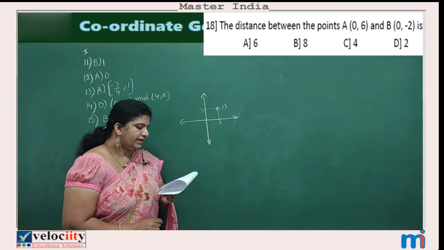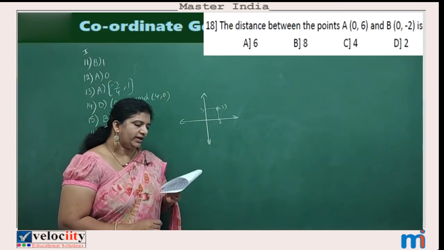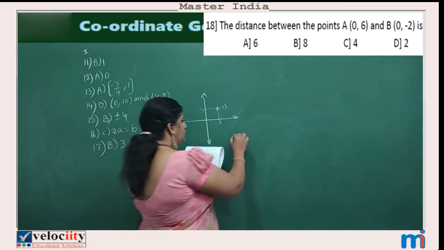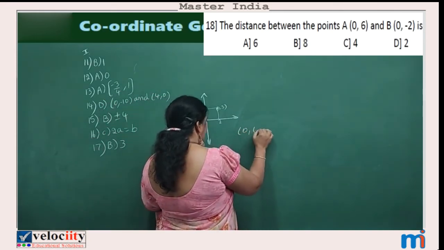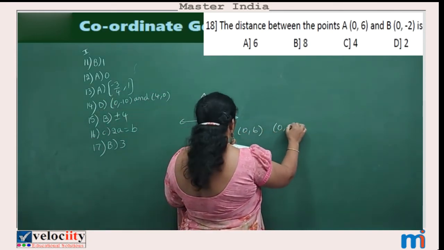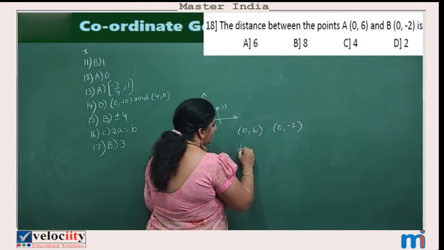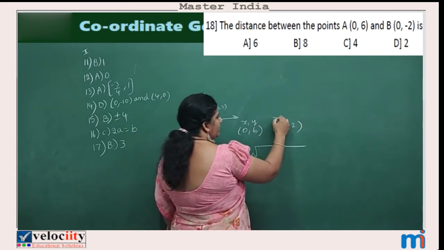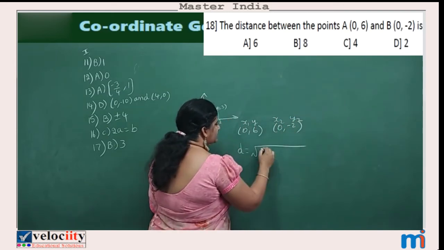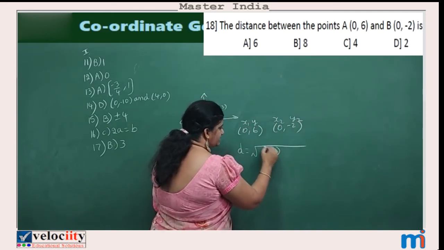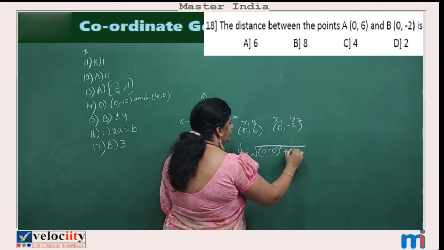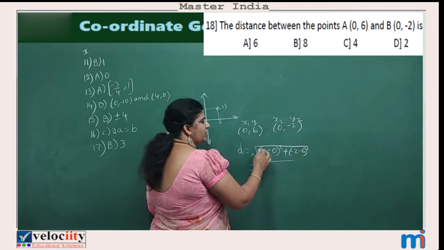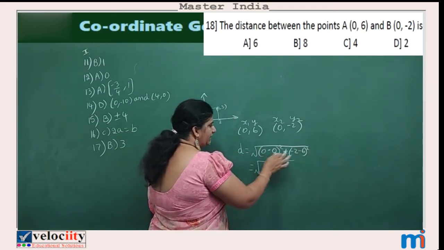18th one. The distance between the points A 0, 6 and B 0, minus 2. Again apply the distance formula. As usual, x1, y1, x2, y2. x2 minus x1 whole square plus y2 minus y1, minus 2 minus 6, whole square. 0 minus 0 whole square, you can skip that.